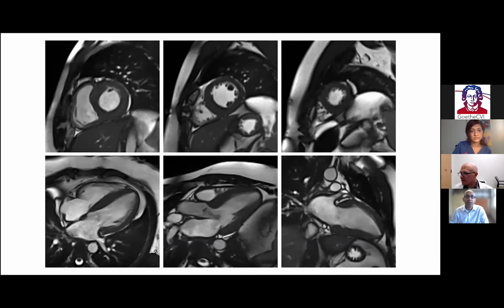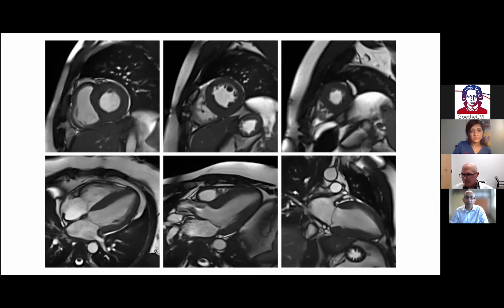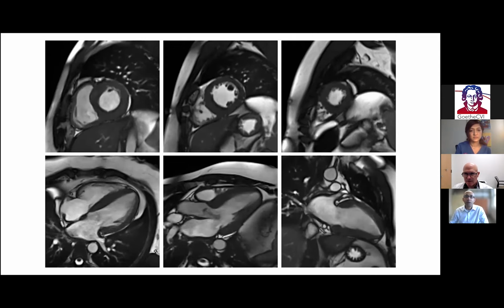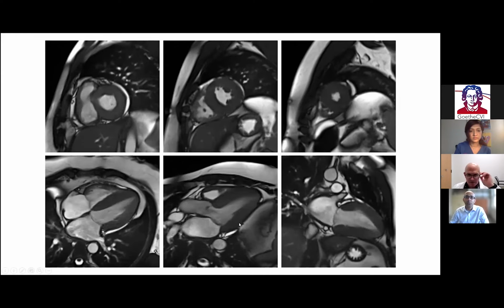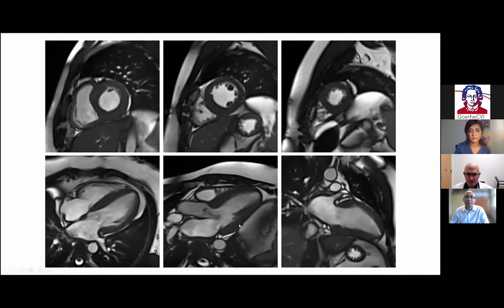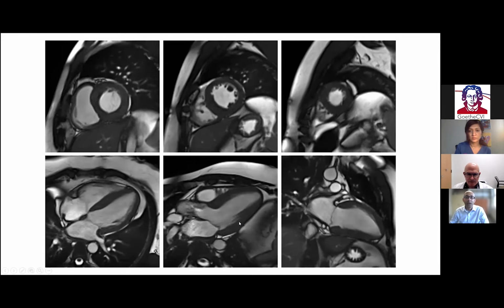And these are his cine images. So on top are the short axis images, base, mid, and apex, the 4-chamber, 3-chamber, and the 2-chamber long axis images. And we saw a mild increase in wall thickness with the maximal wall thickness of 1.4 centimeters, but there were no real resting wall motion abnormalities.